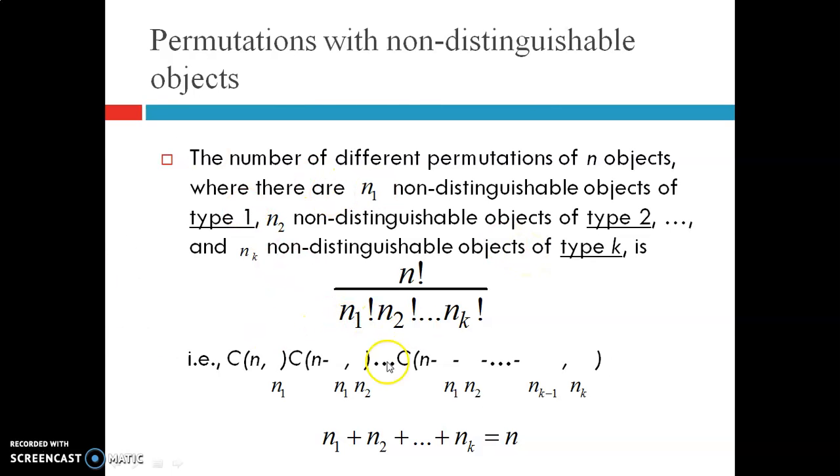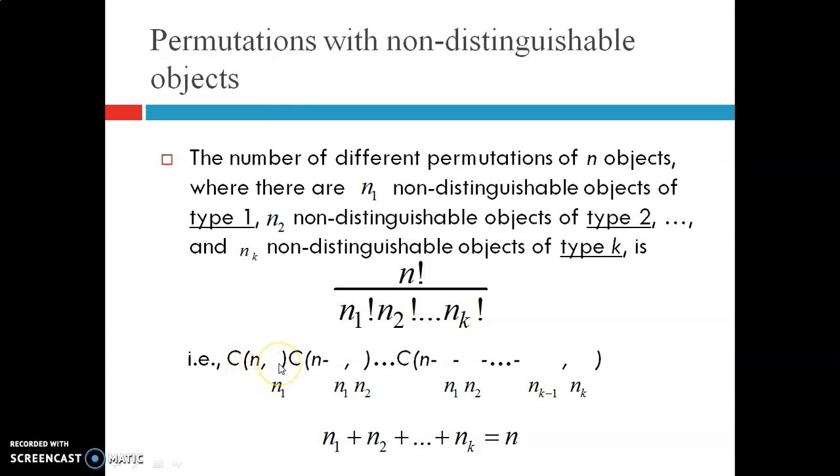In that case the permutation will change. So the total number of atoms, n factorial, is divided by n1 factorial for type 1 atoms, into n2 factorial for type 2 atoms, and likewise up to nk factorial.